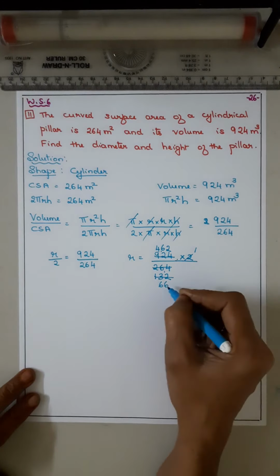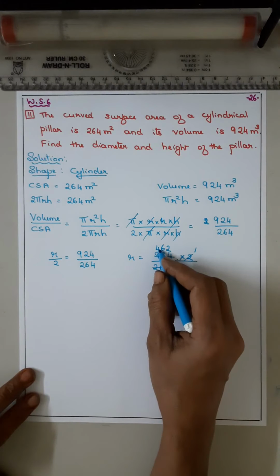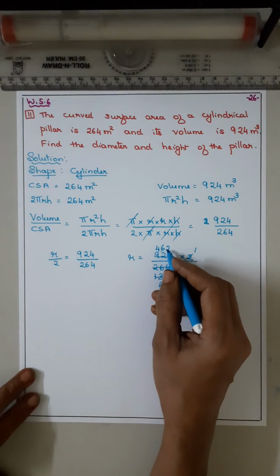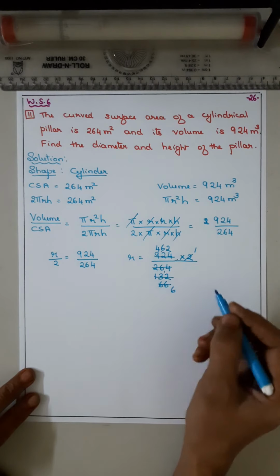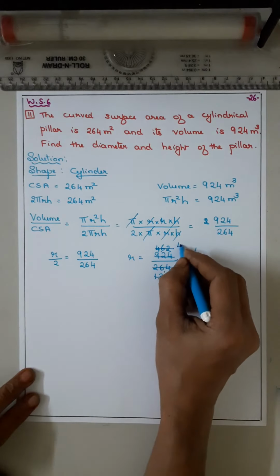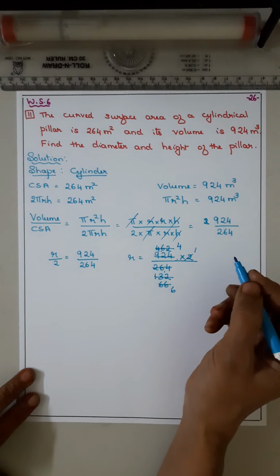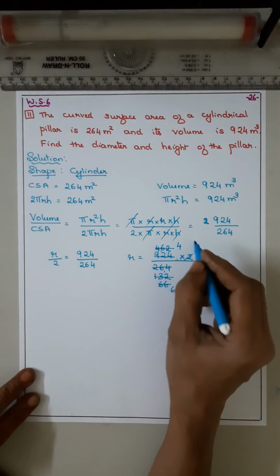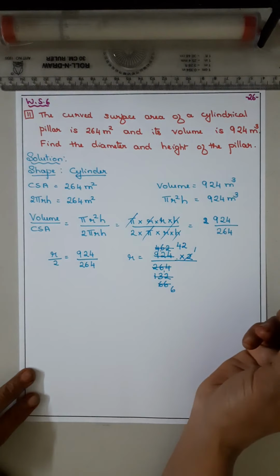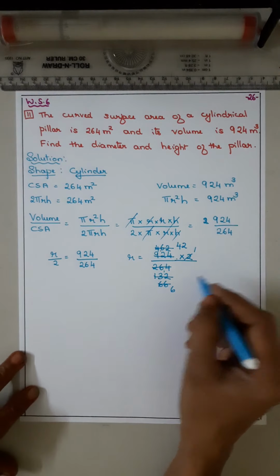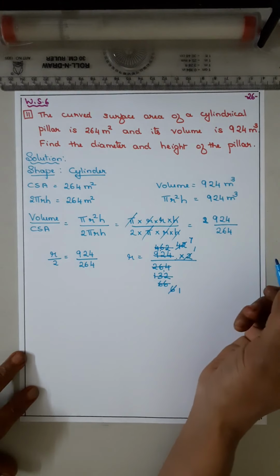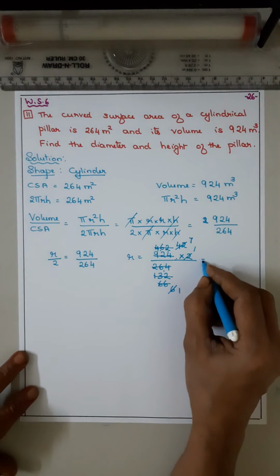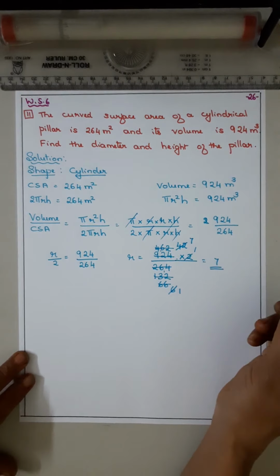Now see, 66 is divisible by 11. Now 4 plus 2, 6. 6 minus 6, 0. So 11 4s are 44. 2 remains, 2 and 2, 22. So 11 2s are 22. So 6 1s are 6, 7s are. So you got R is equal to 7.